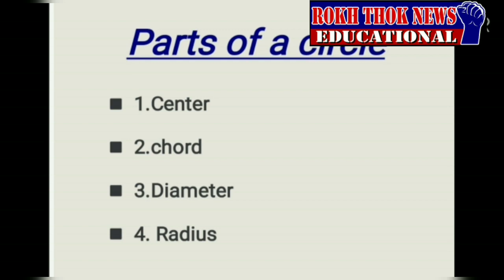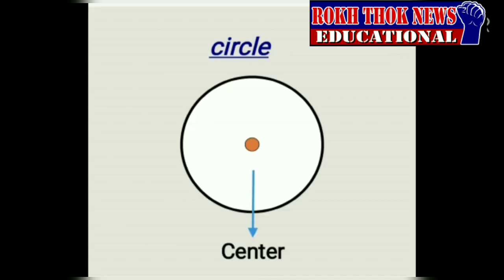Now we see the first part. In this part we learn about the center. Can you see the red point in the middle of the circle? Yes, that red point is called the center of the circle.